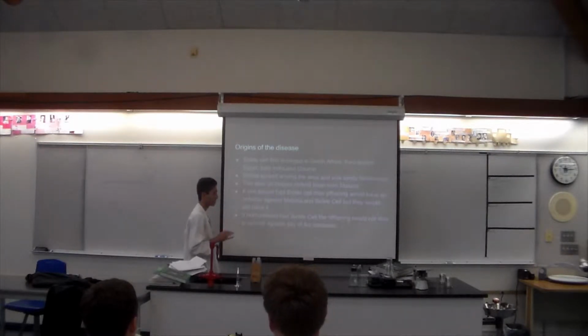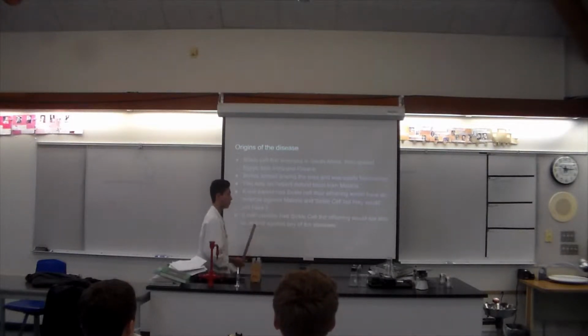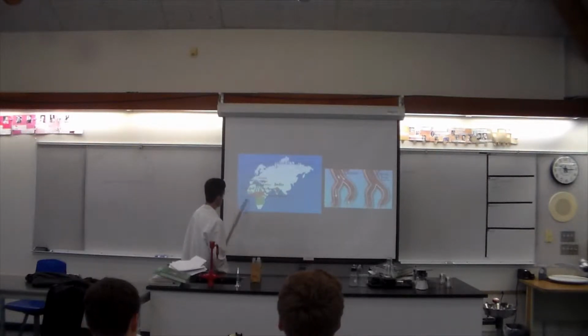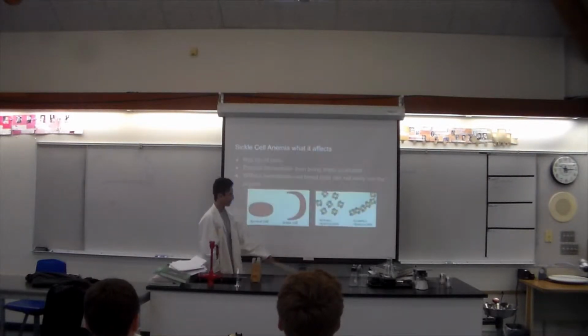Now, if both parents had sickle cell and the offspring was then born, he wouldn't be able to defend against any of the diseases. And these are just some of the places, I did not say all of them, but it's in this area, in India, South Africa.